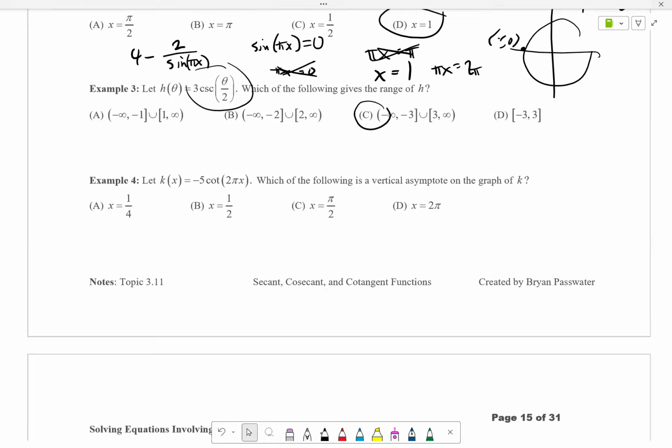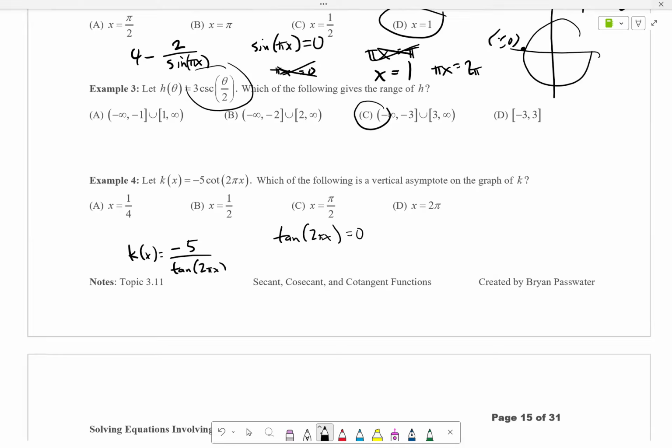Okay, I'd like to hear from the one and only Emma for this. How'd you do this, Emma? Do you mind if I just put tangent? Maybe you did that next step, but yes. So k of x equals tangent, 0, and 2 pi x is going to equal 0.